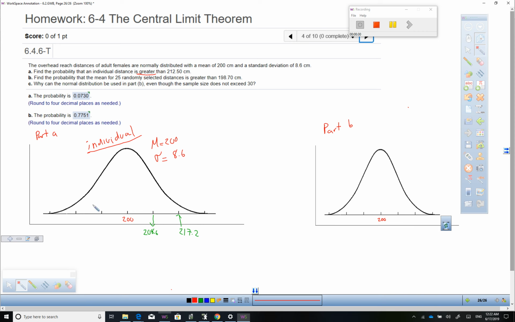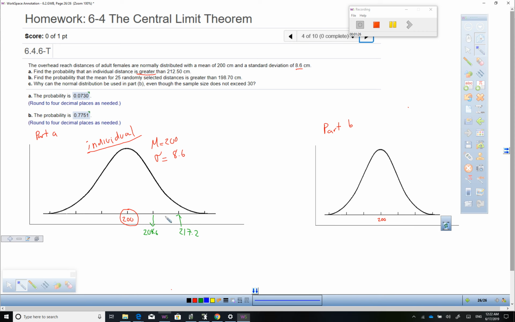For this problem, we have again the distribution with this mean of 200. If you add 8.6, the first mark here represents one standard deviation, which is 208.6. If you add again 8.6, you will have 217.2. And they want the probability of a score greater than 212.5.